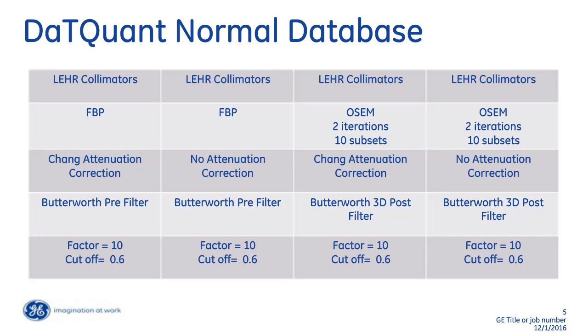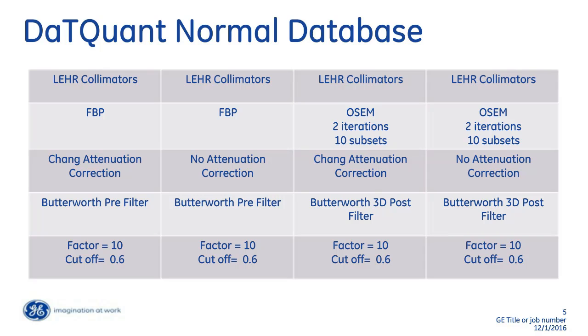So there's a normal database for filtered back projected reconstructed data with no attenuation correction and with Chang attenuation correction. And both filtered back projected databases were reconstructed with a Butterworth pre-filter with a factor of 10 and a cut-off of 0.6.